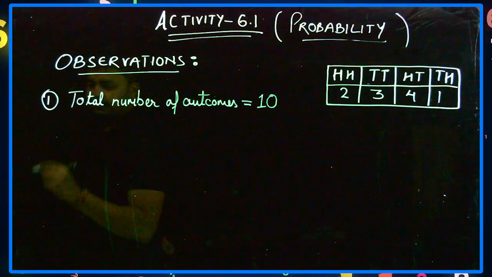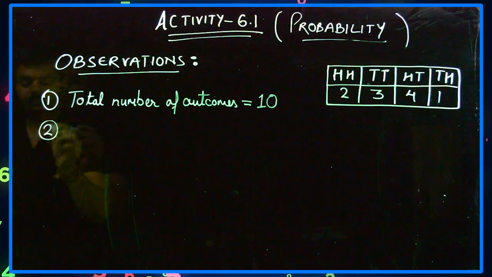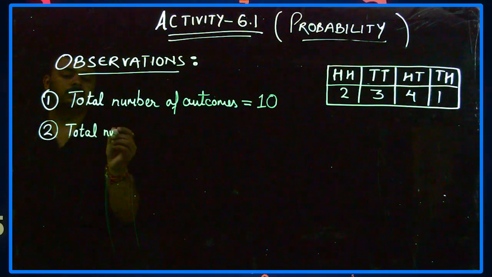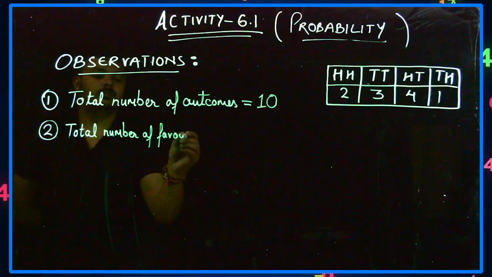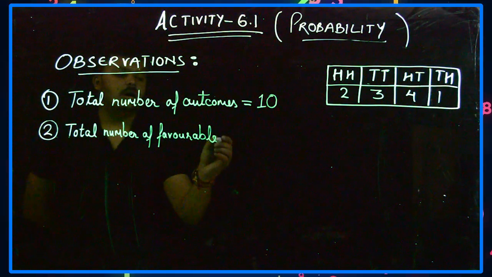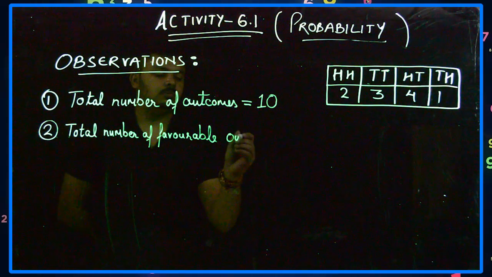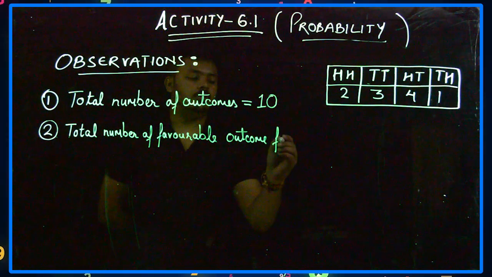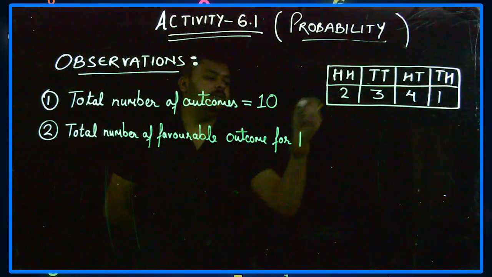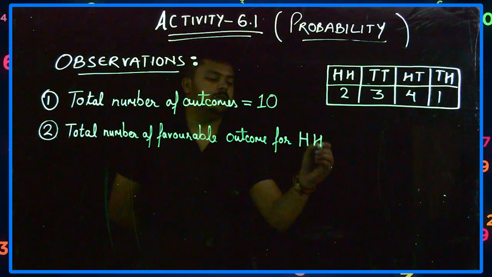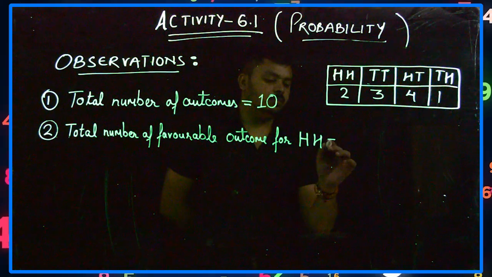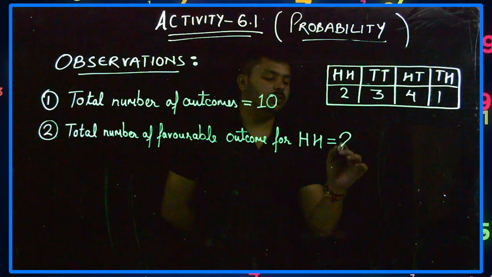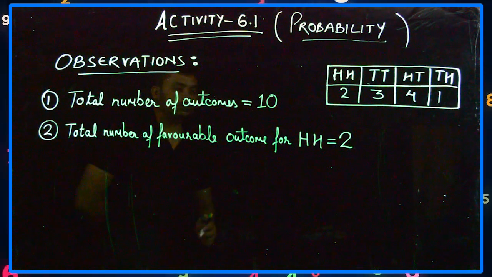Now second observation, total number of favorable outcomes for head on both the coins, that is HH, is 2, from our observation table.